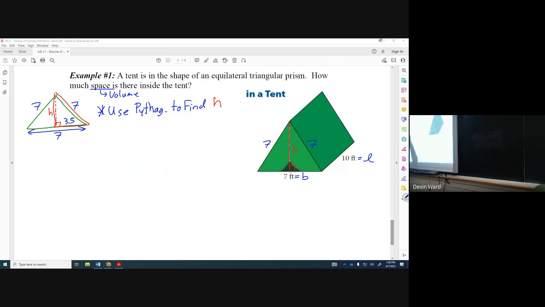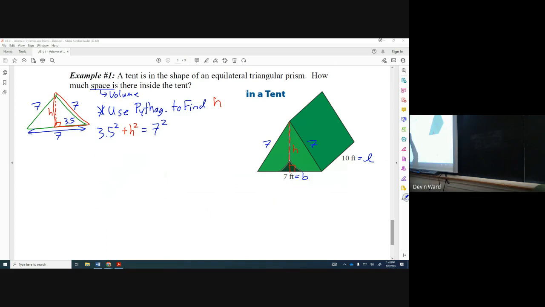Okay? That's what we're doing first. We have 3.5 squared plus my height squared, and that's going to be equal to 7 squared. Okay, because 7 is my hypotenuse. Okay, the h in this case, I'm sorry, doesn't stand for hypotenuse, it stands for height.